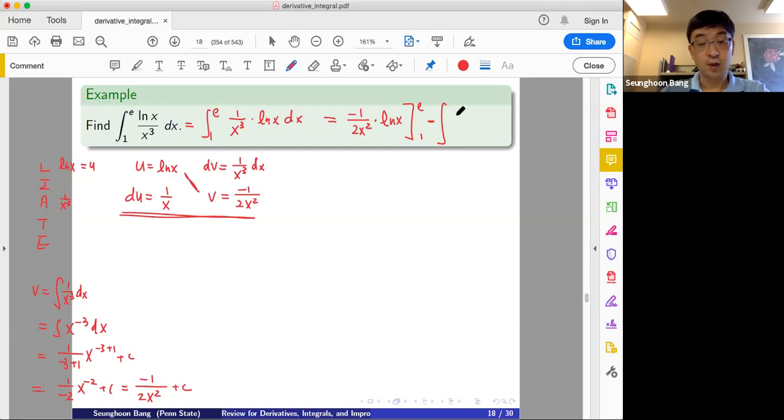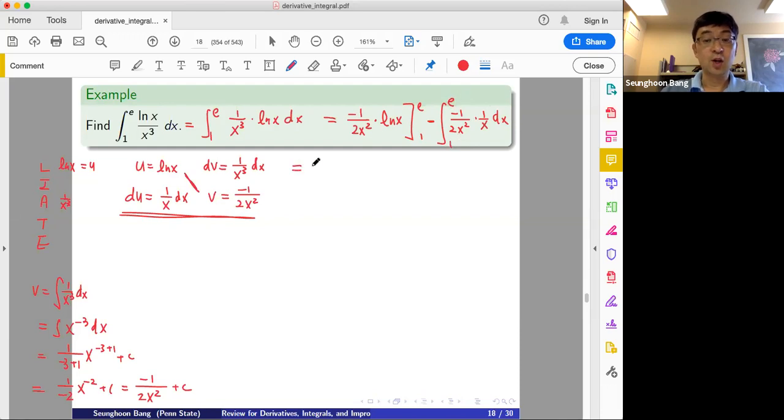So we have negative 1 over 2x squared, du equals 1 over x dx, minus 1 over 2x squared times 1 over x dx from 1 to e.